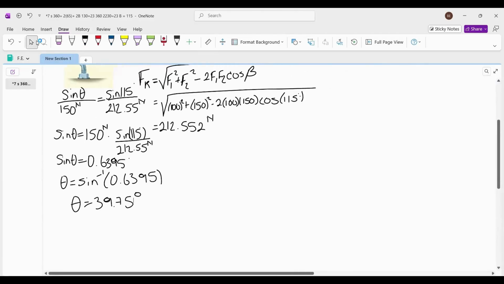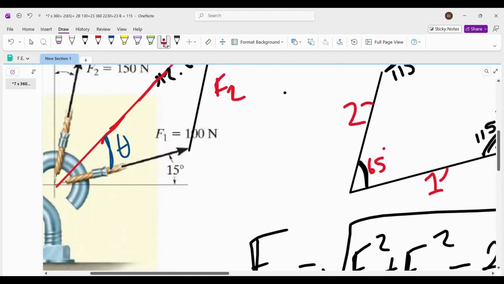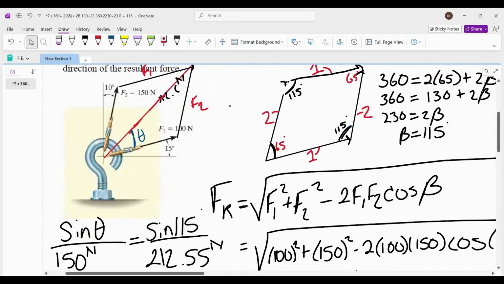But we're not done there, because again, theta was just this little angle right here. But we're trying to find the direction, which is the full angle right here. So the only thing we have to do now is theta plus this 15 degrees that was already given to us.